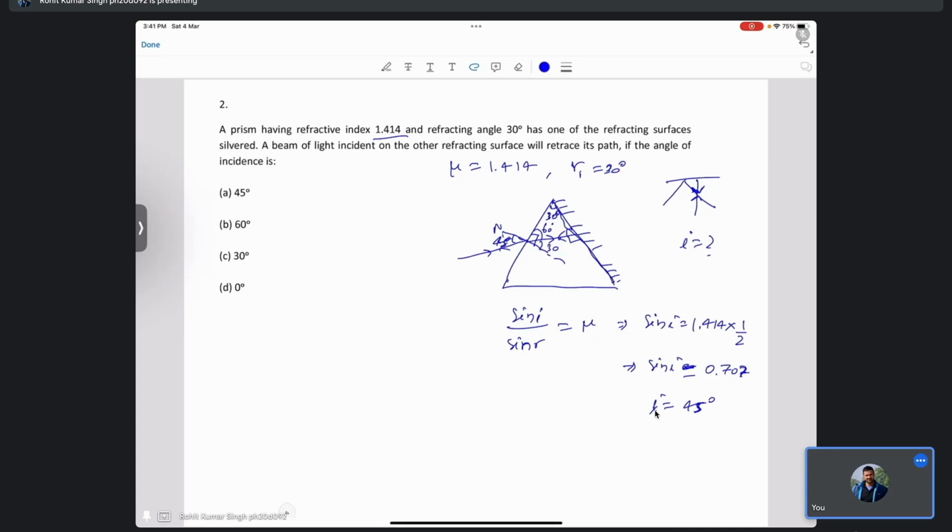Okay, so let me write it. Retrace will only happen if light falls on silvered surface perpendicular.